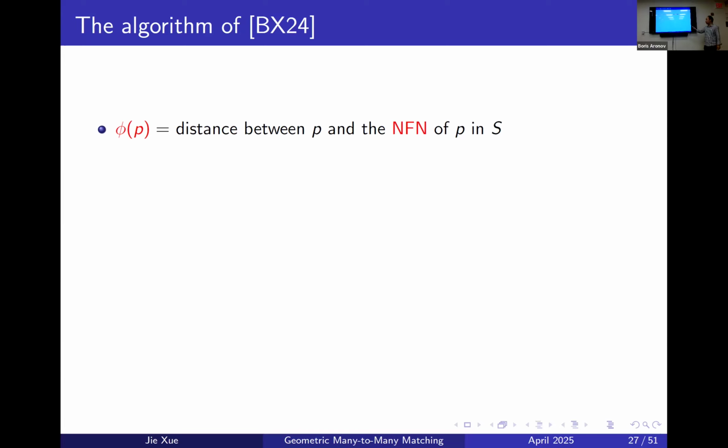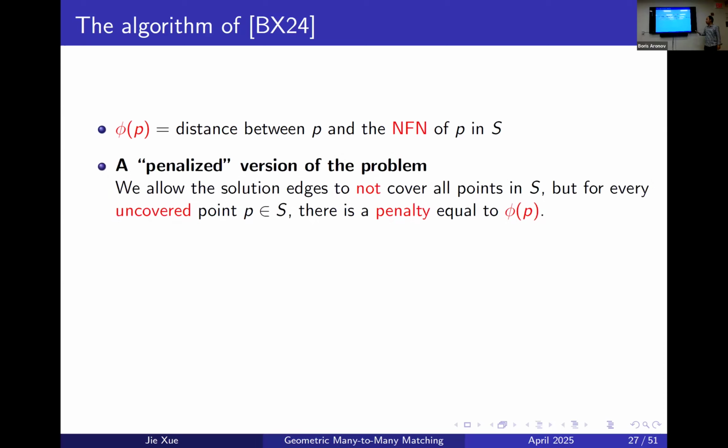But now I'm going to convert the problem to an equivalent version where every set of edges can be a solution. I call it a penalized version of the problem. I give you that graph, and I allow the solution edges to not cover all the points in S. I can have some points that are not covered by my solution edges.